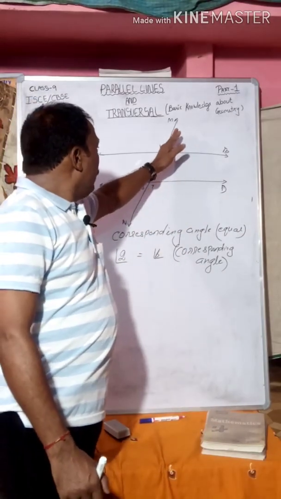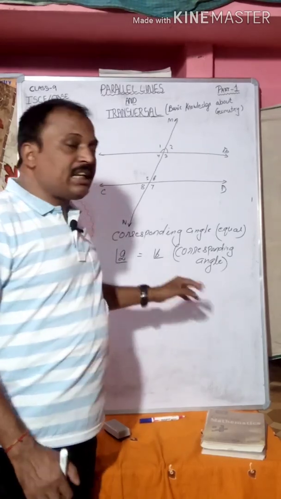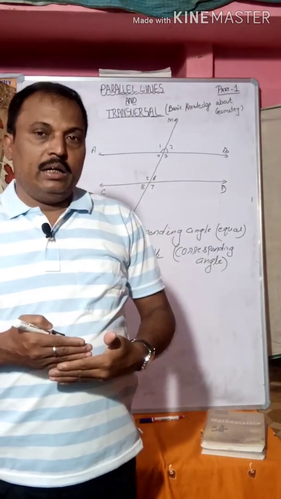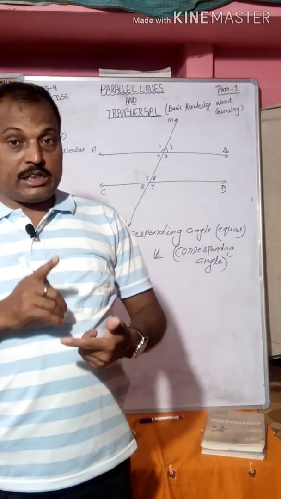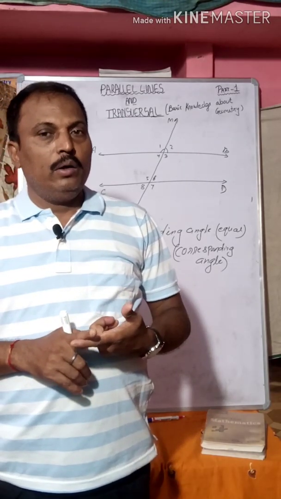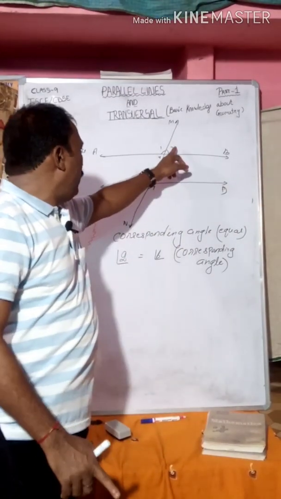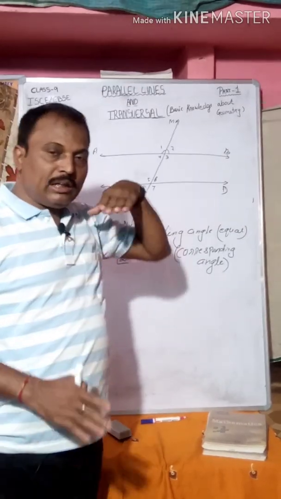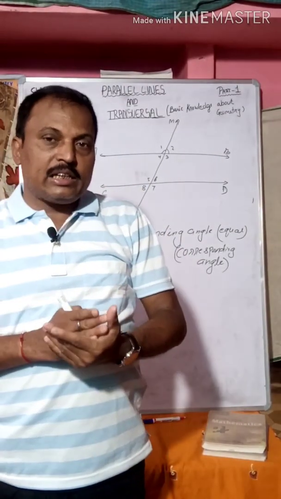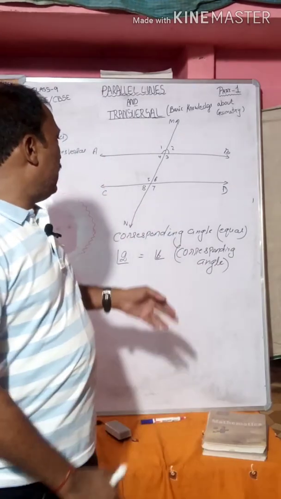First, 2 and 6, two angles are present on one side of a transversal, the same side of a transversal. 2 and 6 are on the right side of a transversal. First definition: two angles are on the same side of the transversal.